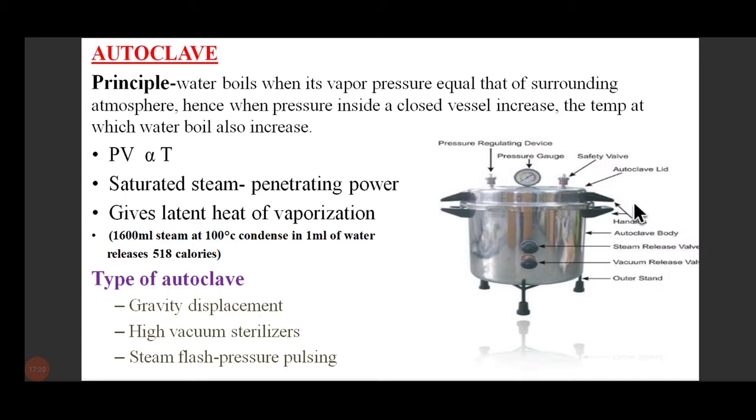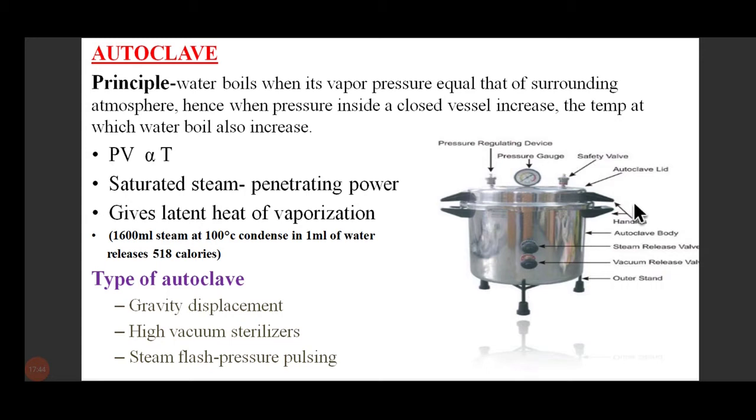This is according to the law which states that pressure is directly proportional to temperature at constant volume. So once you raise the pressure inside a closed volume, the temperature also increases, and the saturated steam generated has penetration power, penetrates the instruments kept inside your autoclave, and gives its latent heat of vaporization.